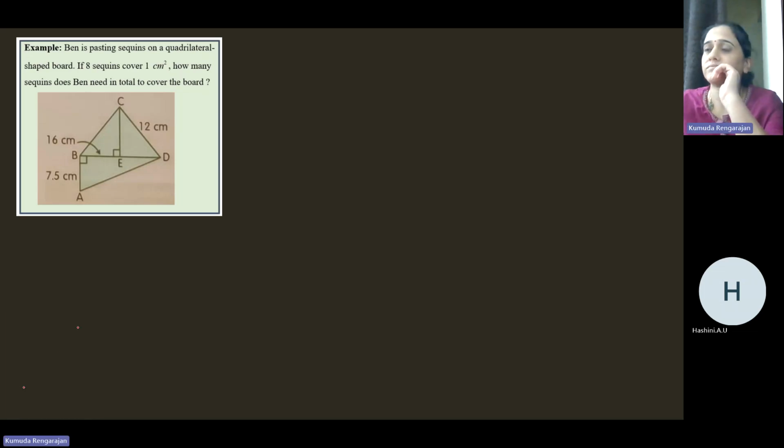So how do we find the area of this board?